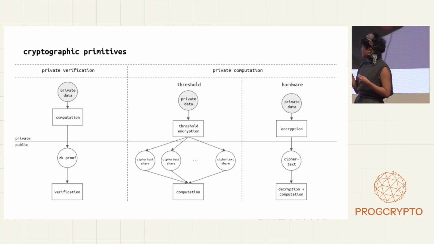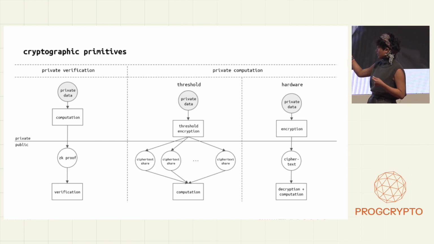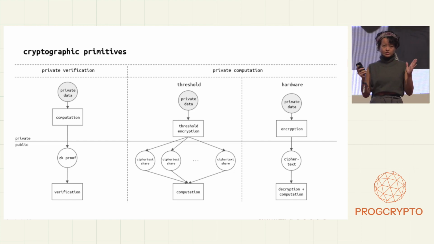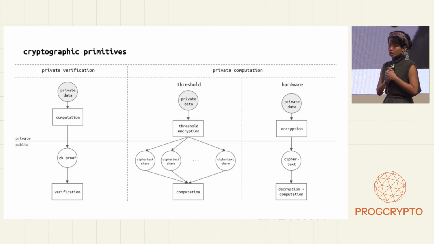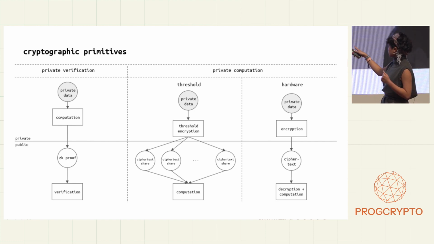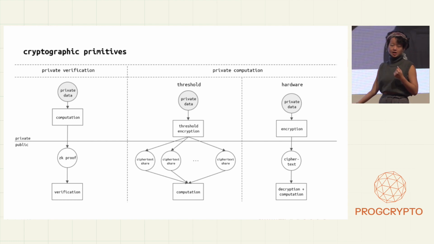This private computation is often done in the threshold setting, meaning that instead of trusting a single server, we encrypt our data to some threshold of servers. But in the case of trusted hardware, then it's sufficient to use a single server.